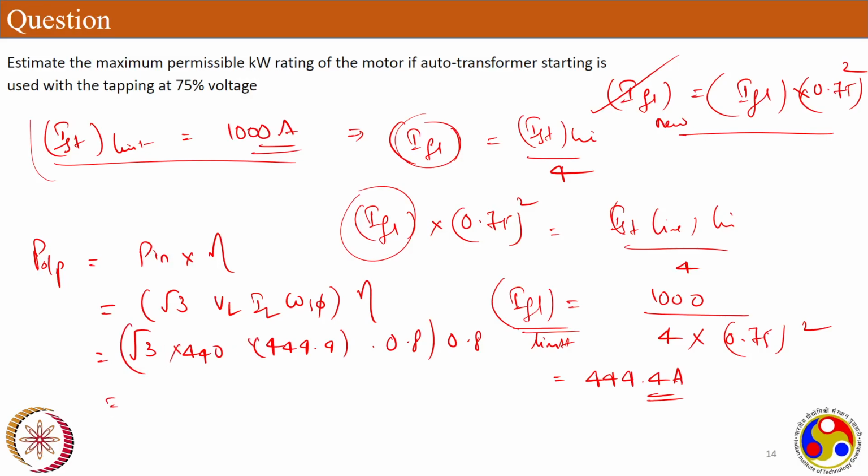So how much is this? Please calculate once. 444.4 multiplied by 0.8 multiplied by 0.8. So I got 260. Is it? How much?